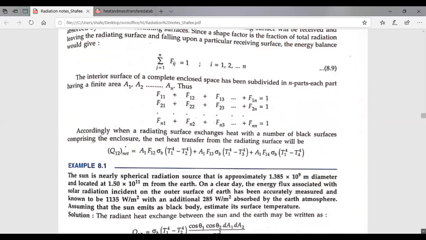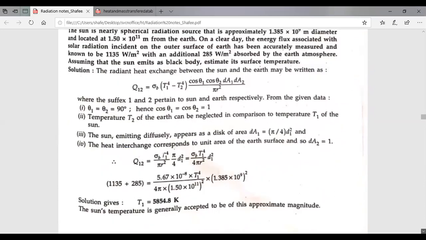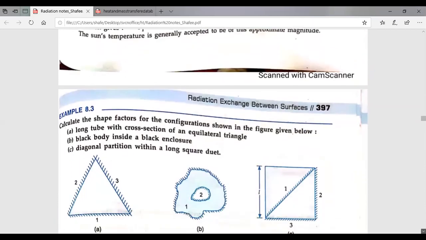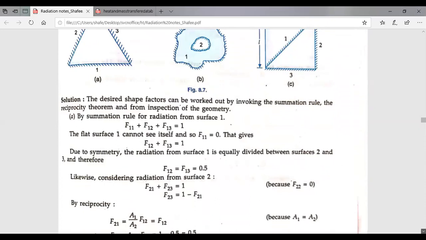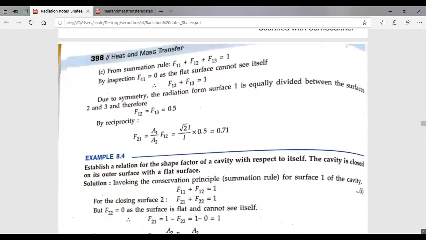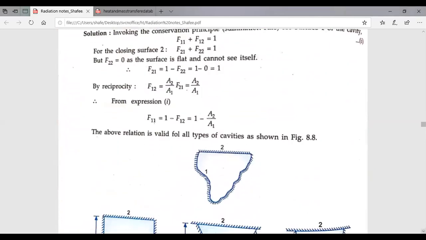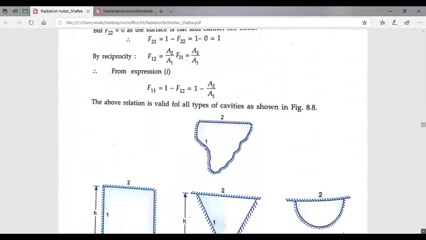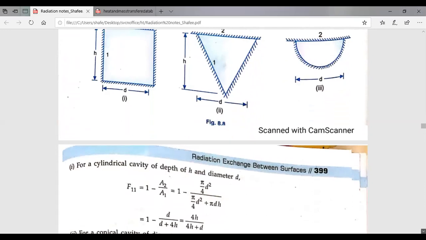Right, now just go for one problem. This particular thing I'll be discussing afterwards using the summation rule and all those things. I'll just go for one simple thing I already discussed previously.